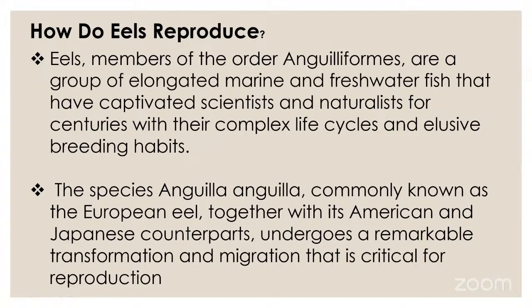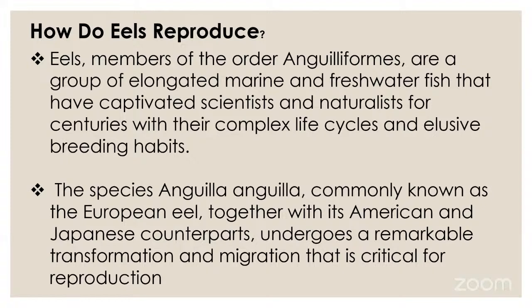Next, as we were discussing, the example is eel for the migration. The best example is the eel fish. So how do they reproduce? Eels, members of the order Anguilliformes. These are the group of elongated marine and freshwater fish.